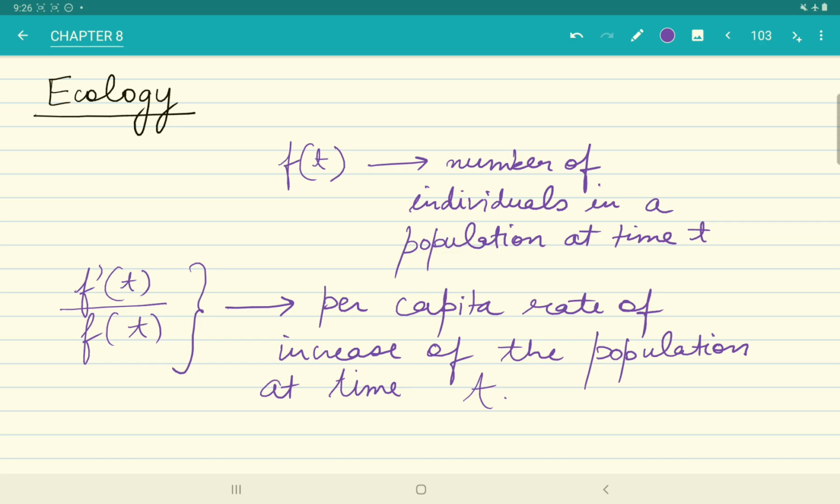There can be many factors which influence per capita birth rate and per capita death rate, and the difference between them is going to influence the per capita rate of increase of the population at time t. It is going to influence this f prime t by f of t. This is the case if there is no emigration, and there is no immigration.